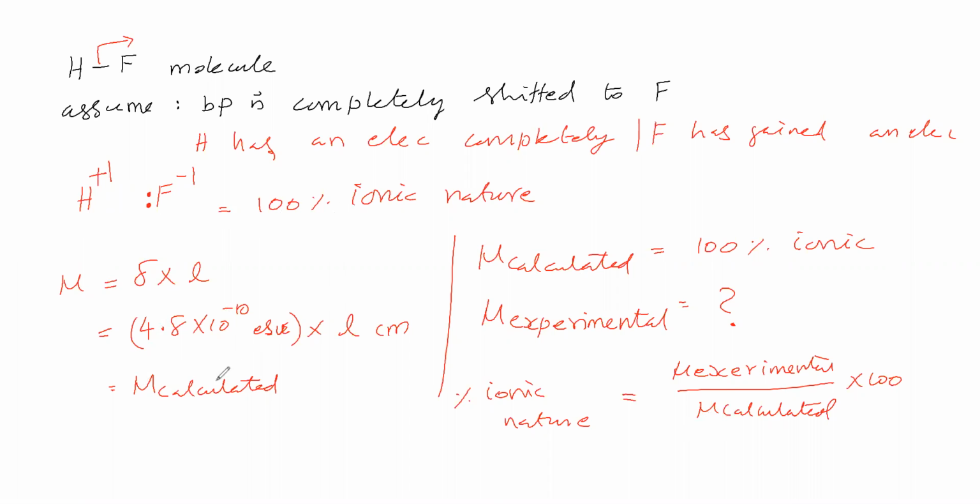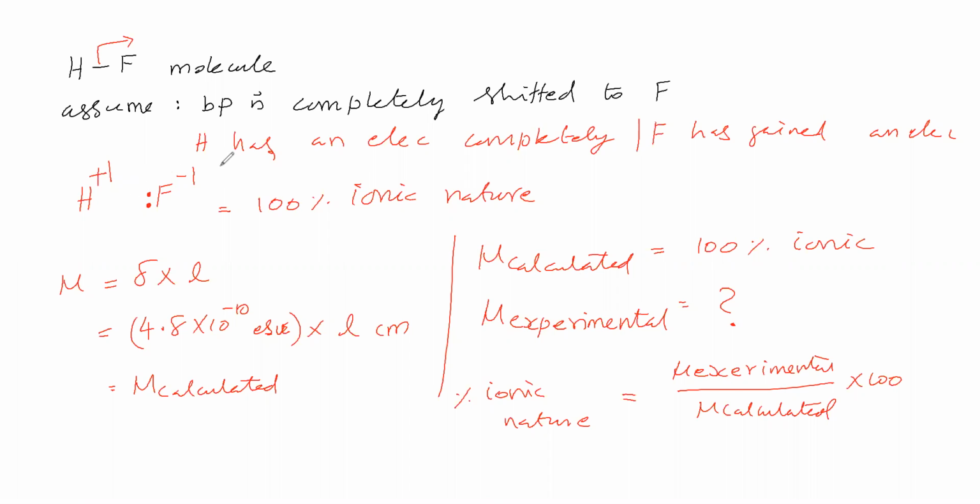The experimental value is the actual value. Using these two, we can find the percentage of ionic nature in a molecule. The remaining percentage is called covalent nature, so we can find both the ionic and covalent nature of a molecule.